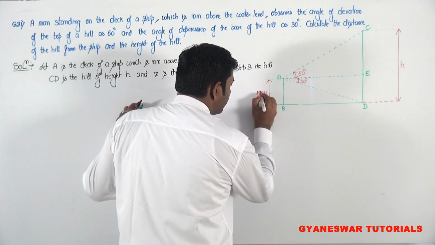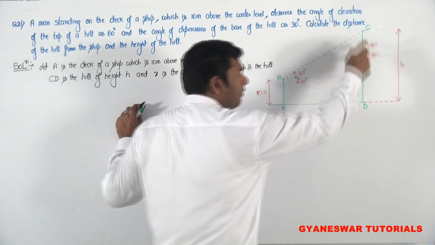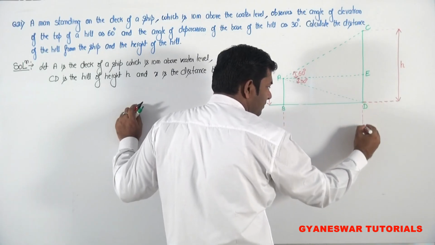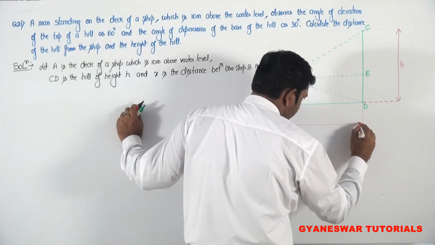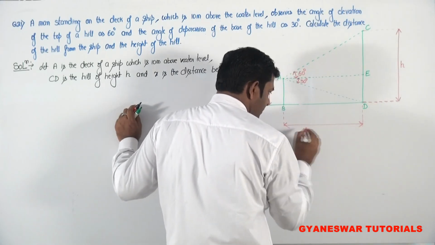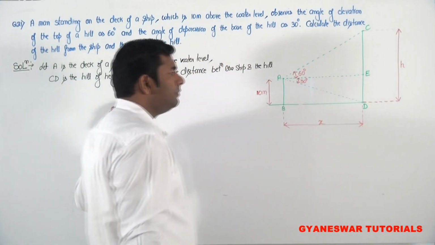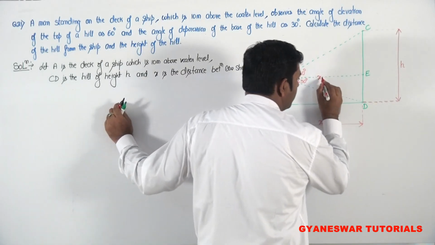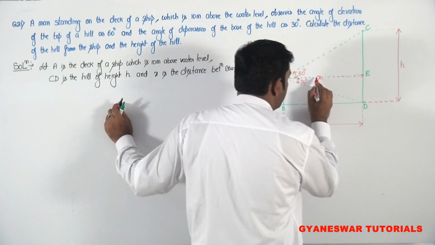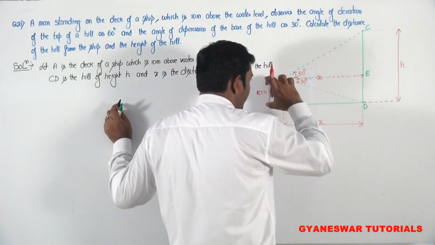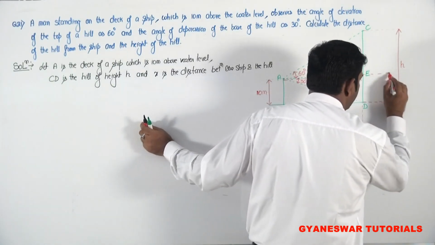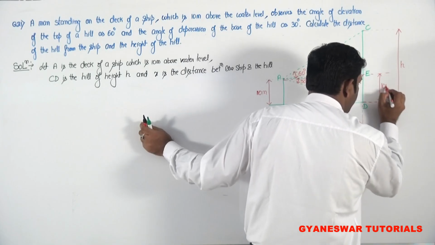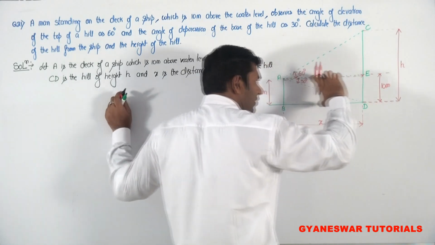This is 10 meters. This is the ship, that is the hill. The distance between the two, let it be x. If this is x then this is also x. This is 10, so this is also 10 meters.